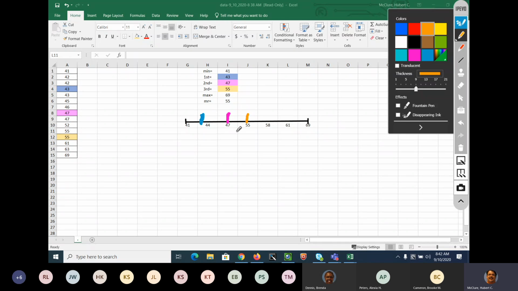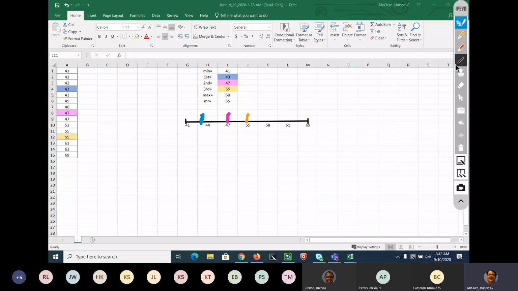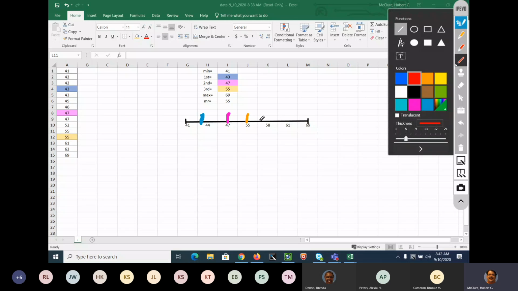All the data is to the left of the center. Let me draw a line on the center and make it red. There's the center. There's the mid-range. Mid-range is 55. I'm sorry. There's the mid-range right there.